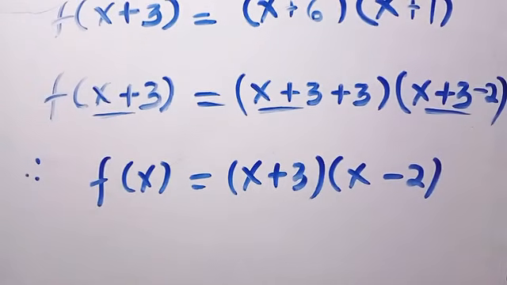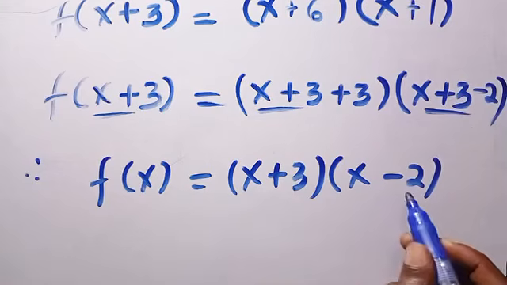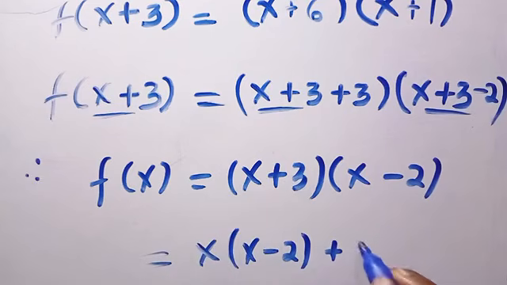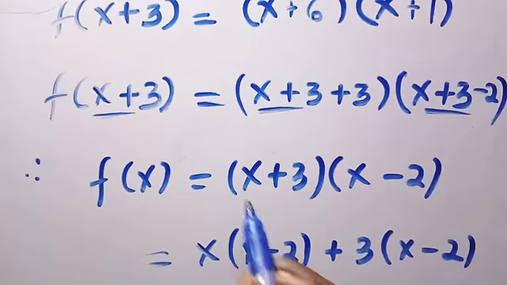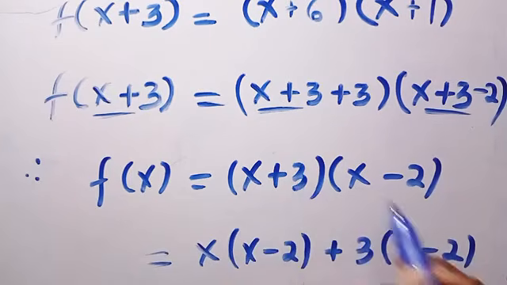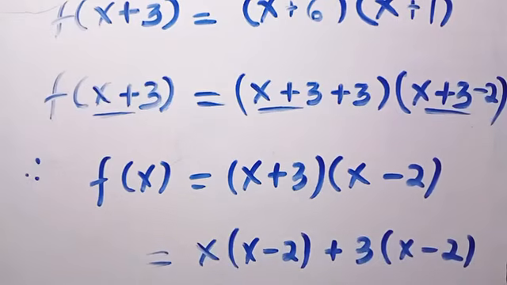This is the value of f of x, but x and 3 are the two factors of a particular quadratic. So if we expand this out, we have x into bracket of x minus 2 plus 3 into bracket of x minus 2. How I got this is, we take x here and put this in bracket, and we take 3 and also put this in bracket.